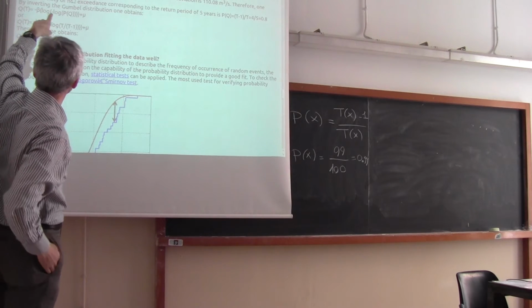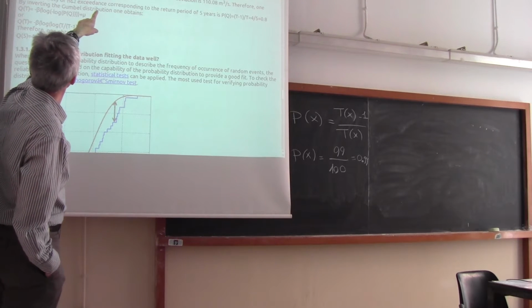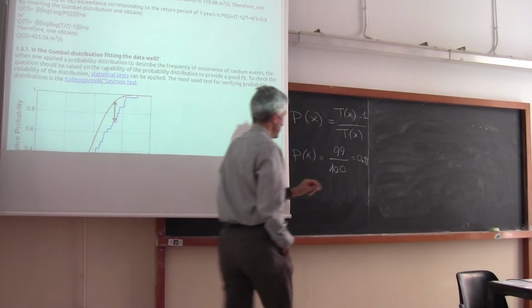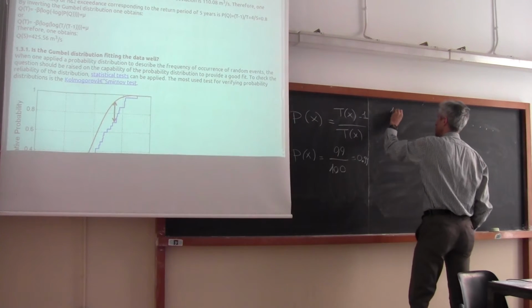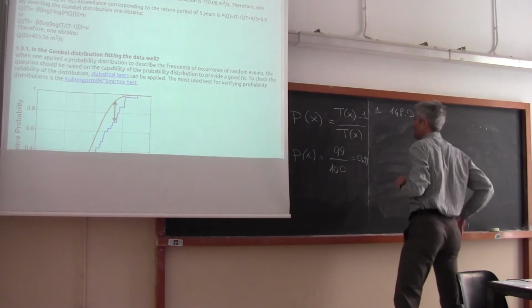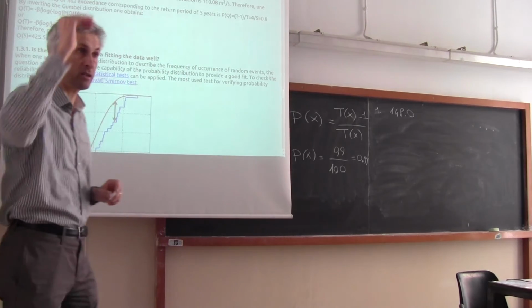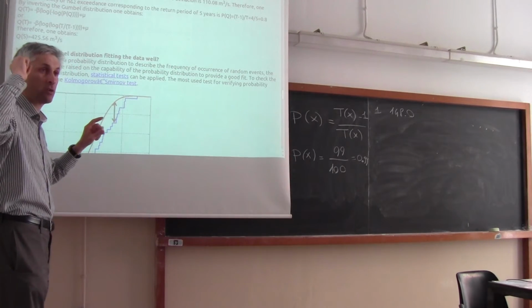So what is the minimum here? I think it is 184. So this is the lowest, 184, and I put a rank of 1. In ascending order, this observation has rank 1.